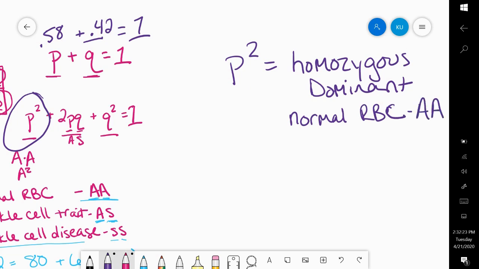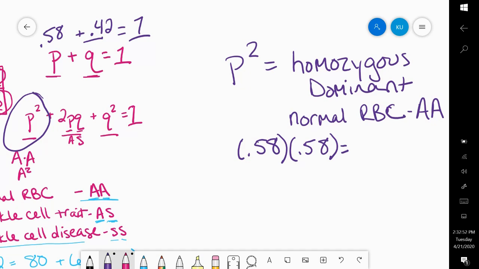So in order to calculate that, you take your p-value, which is 0.58, and you square it, or the other way to do that is multiply it by itself. So 0.58 times 0.58. Okay? So once you do that, you're going to come up with your value for p squared.